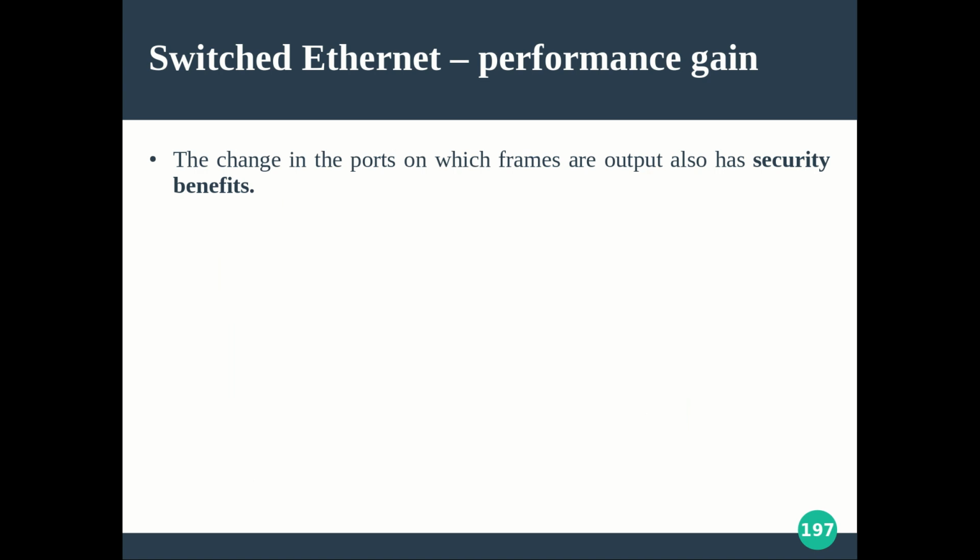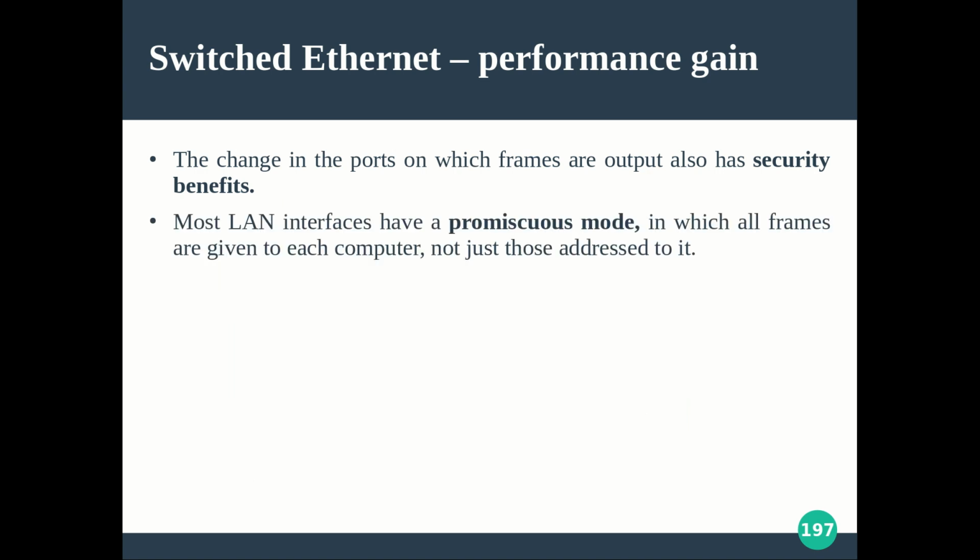Another benefit is from the security point of view, because most of the LAN interfaces have something called a promiscuous mode. So promiscuous mode means what? All frames are given to each computer and not just to the one which is addressed to it. This is something I already told you: whether it is in classic Ethernet or in hub-based Ethernet, inside the local area network, inside that hub or inside that cable, broadcasting is happening, so that every communication is being read by everyone else.